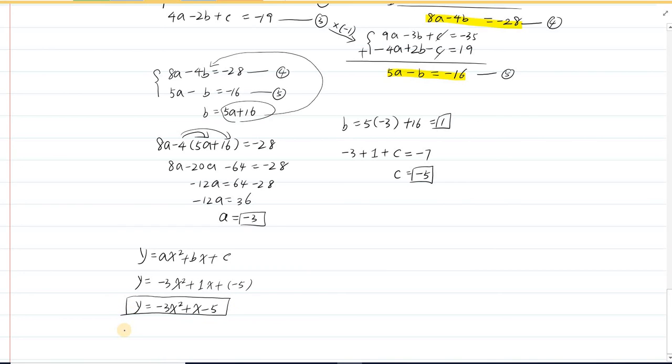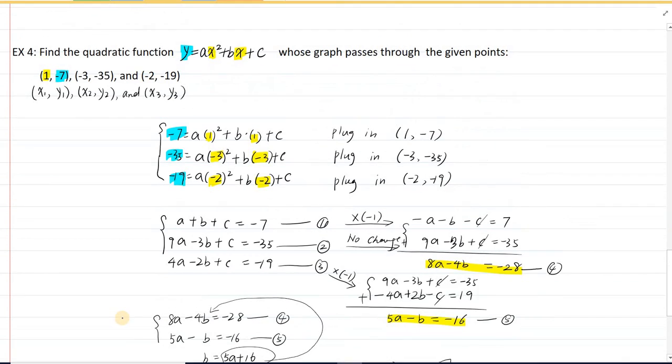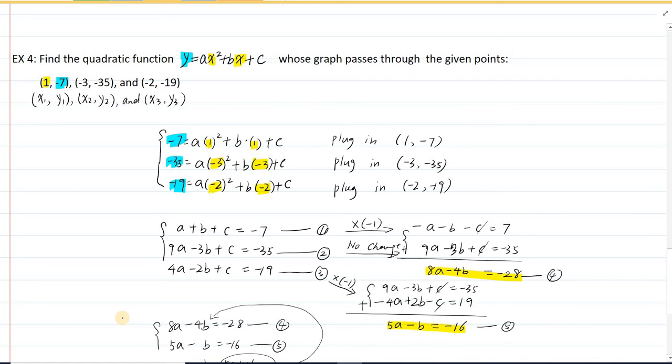In the end, you just have to do a substitution. So y equals -3x squared plus x minus 5 is the quadratic function that passes through these 3 points. Okay, let's look at this example 4 again.